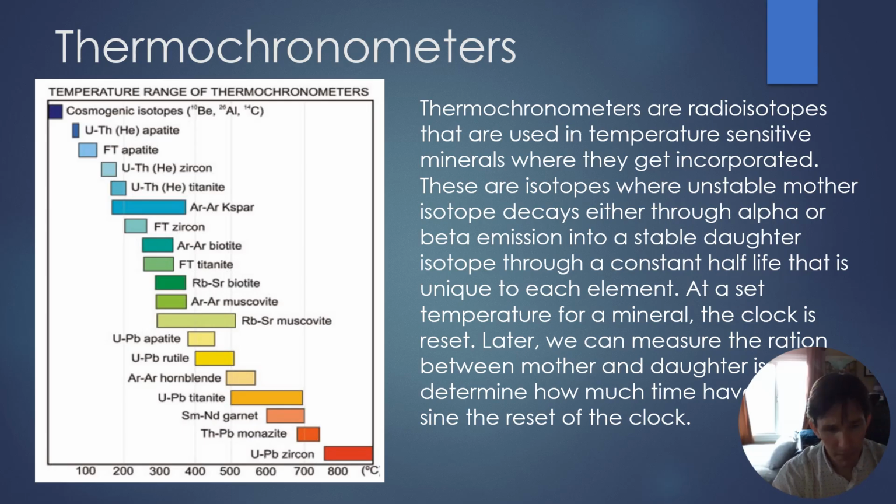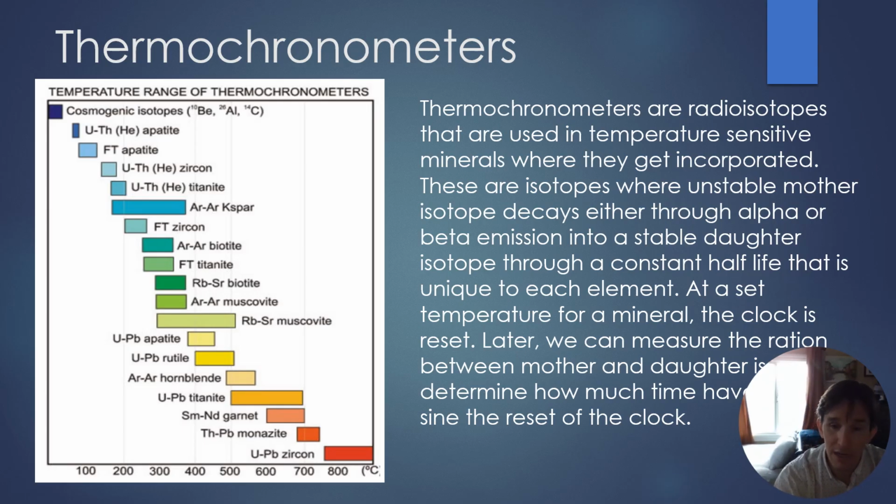However, at a certain threshold temperature, the structure of whatever element is set, and that individual element cannot move in and out. As the half-life of each element is not affected by temperature, pressure, or any other force that we're aware of, the proportion between mother and daughter is maintained and they're locked in.